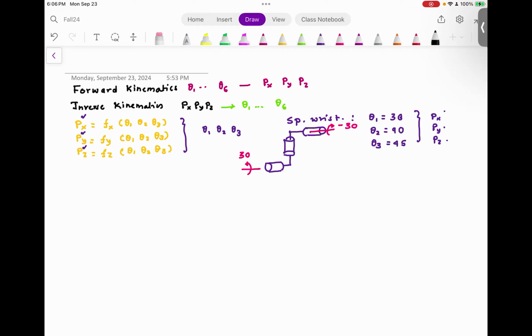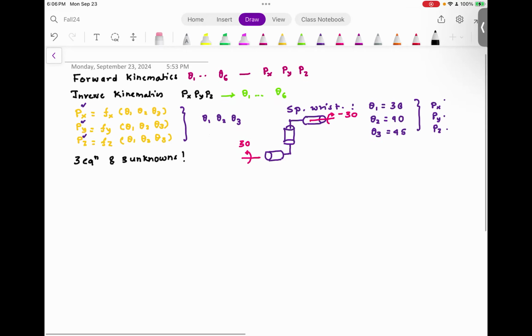Now, in this particular case, I want you to understand that if you do not have a gimbal lock, you have three equations and three unknowns. So this problem can be solved. Now I want you to understand the MyCobot that you worked on, or any other robot that has more degrees of freedom, which means Px is a function of theta 1 all the way to theta 6.